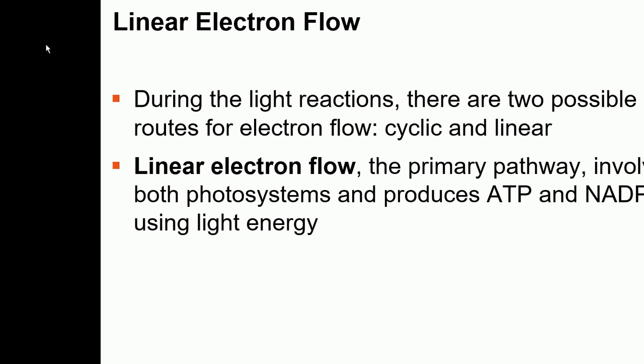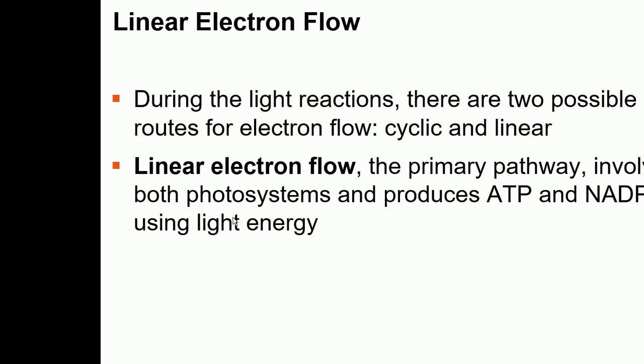The energy coming from the sun is transferred through the pigments. It reaches the two special molecules of chlorophyll A, and that energy helps in exciting the electrons in the chlorophyll A molecules, and those electrons are then taken by the primary electron acceptor in the reaction center. And then let's see what happens to the electrons after that.